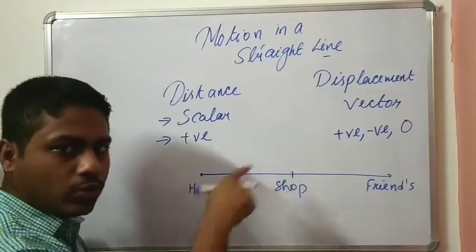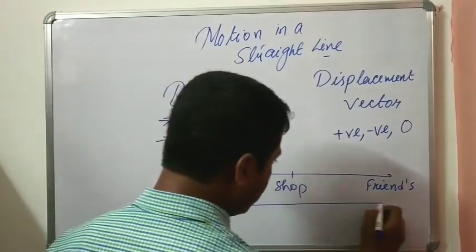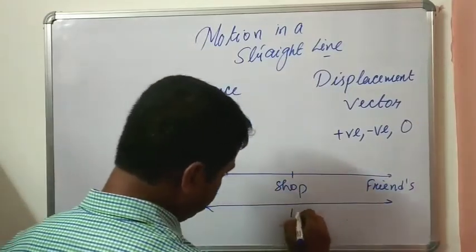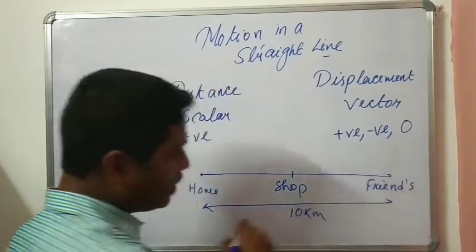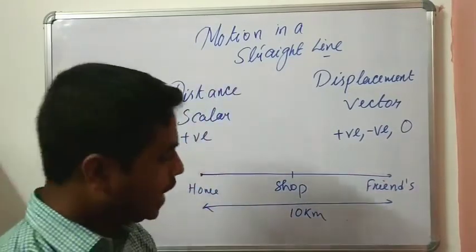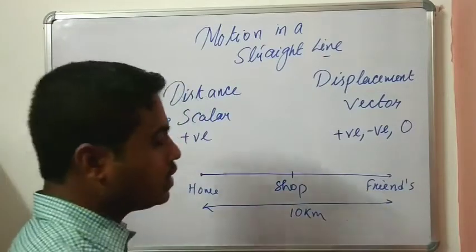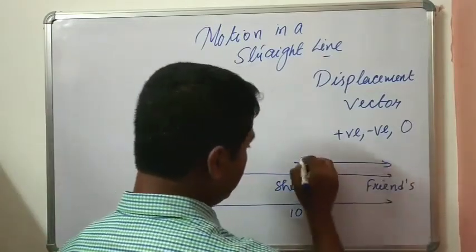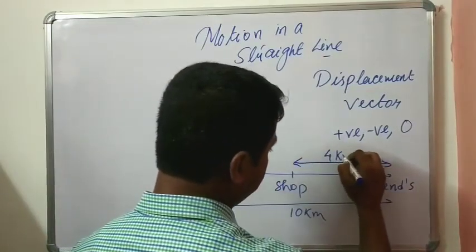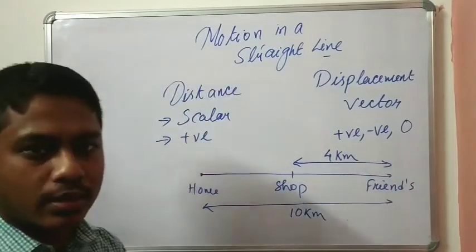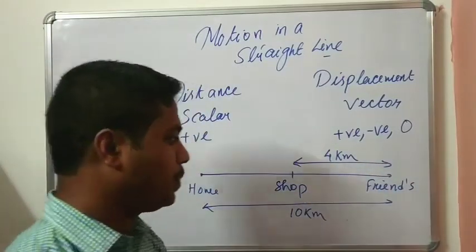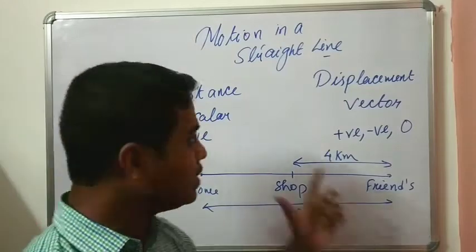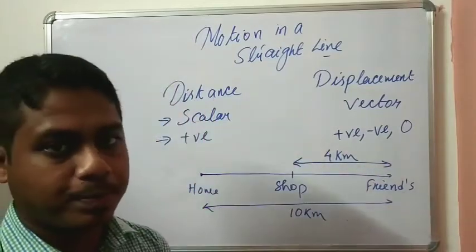From your home to your friend's home, suppose it is a distance of 10 kilometer. And from the friend's home to the shop, suppose it is a distance of around 4 kilometer. Clear? Now, related to the diagram, I'll be discussing distance and displacement.